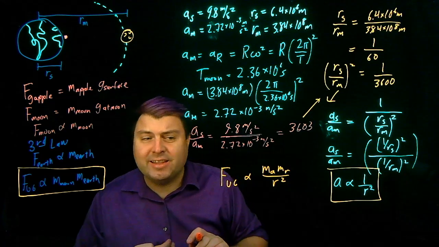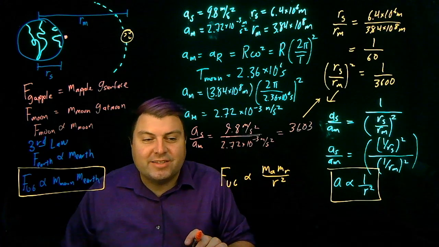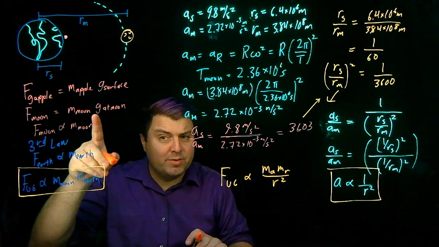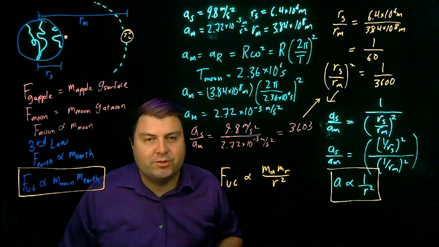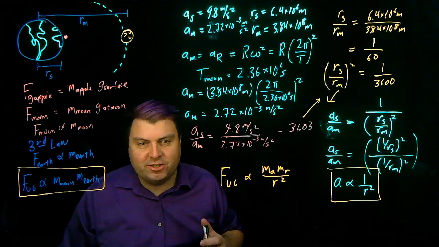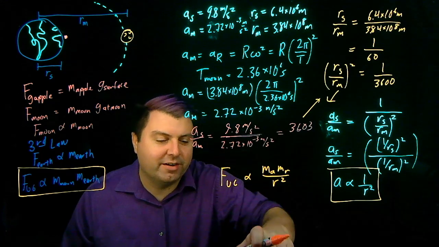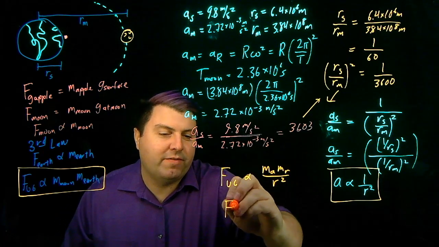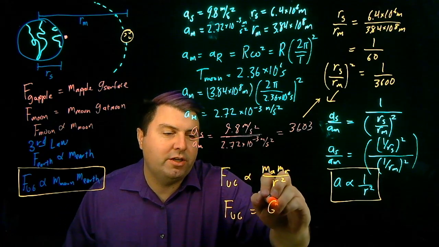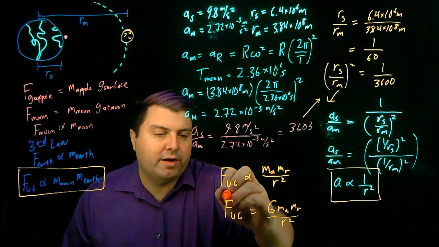And the last thing that brings it all together is this universal gravitation constant. Since Newton didn't know the mass of the moon, and Newton didn't know the mass of the sun, didn't know the mass of any individual planet, he was unable to find G until Cavendish, a number of years later, was able to do a very interesting experiment, and we found F_UG is equal to G M_A M_R over R squared, and it's a vector.